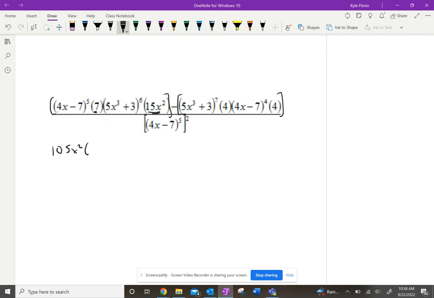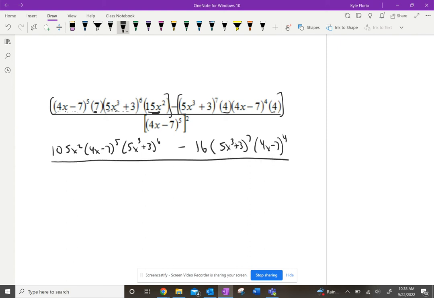I'm going to leave the 4x minus 7 to the 5th alone for a second. And the 5x cubed plus 3 to the 6 alone. Minus, the 4 times 4 is 16, so I can do that. And then leave the 5x cubed plus 3 alone to the 7th. And the 4x minus 7 to the 4th alone.